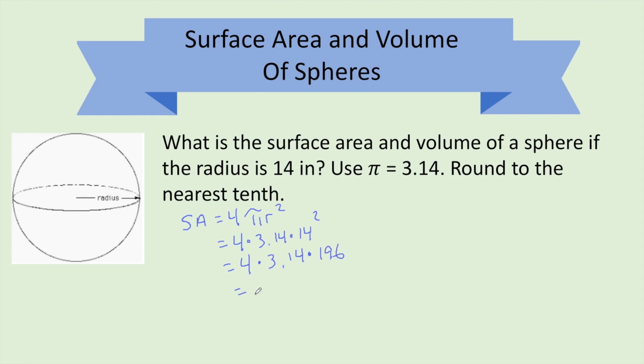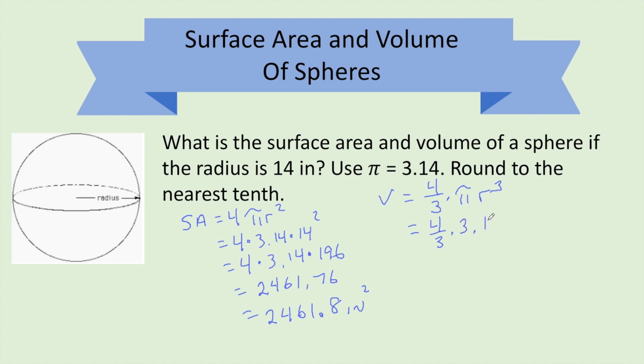Put them right in your calculator exactly the way they are, and we get 2,461.76. Round to the nearest tenth, 2461.8 inches squared.